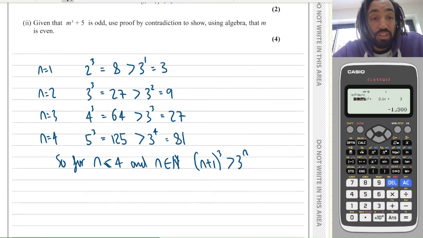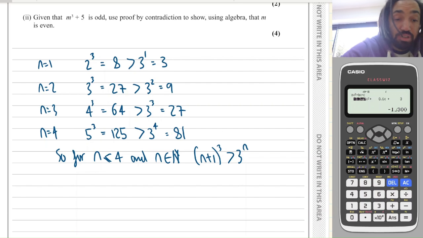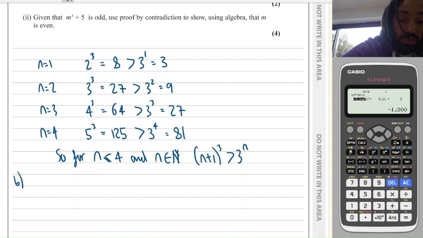And then it says, given that m cubed plus 5 is odd, use proof by contradiction to show using algebra that m is even. Okay, so you need a statement to start, which you're going to then negate.